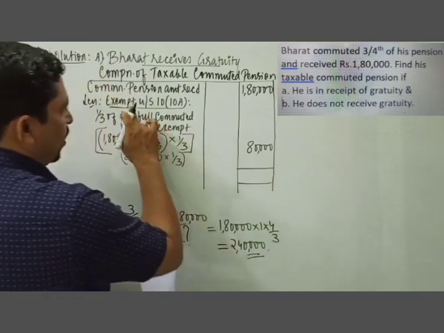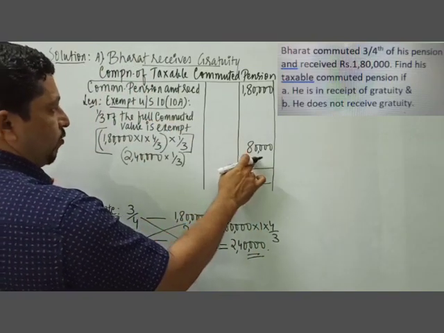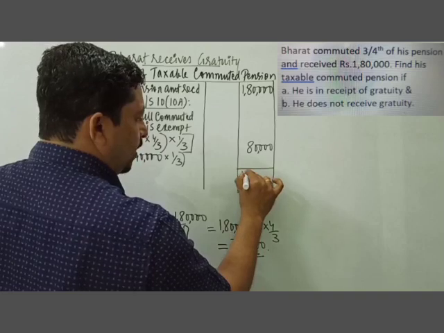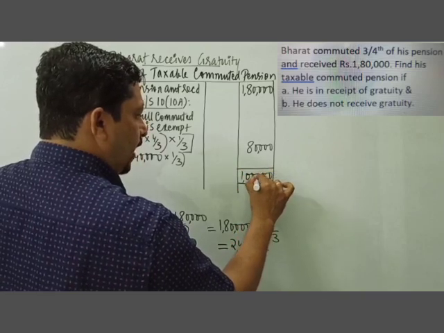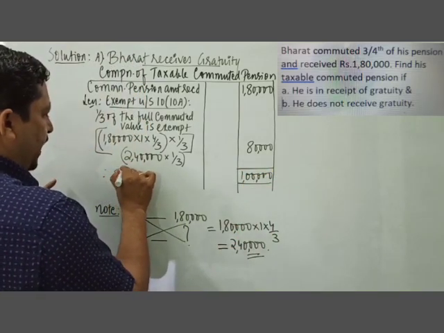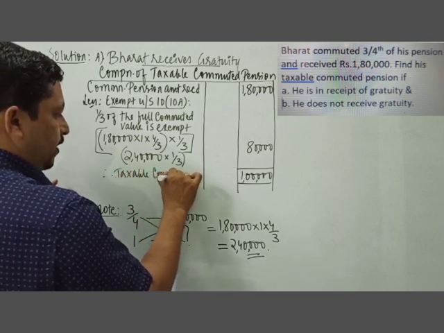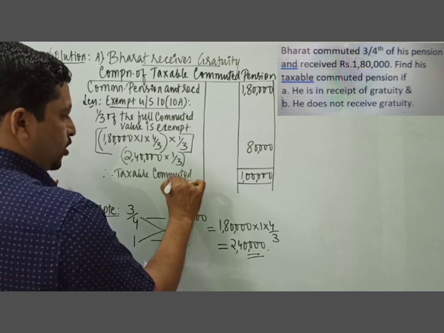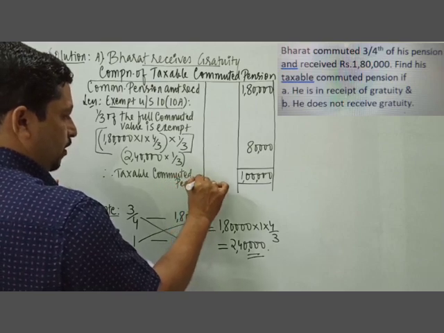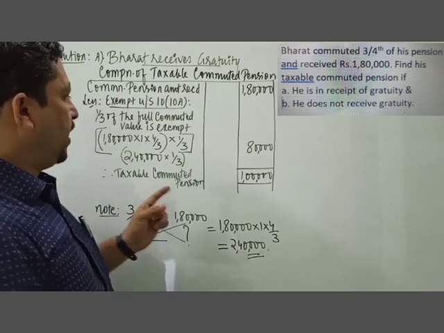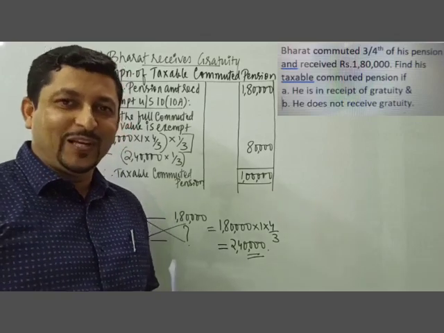So 80,000 will be the exempt commuted pension value. So 1 lakh 80 minus 80 will give you 1 lakh rupees. This will be the taxable commuted pension. I hope part A of this particular problem is clear.